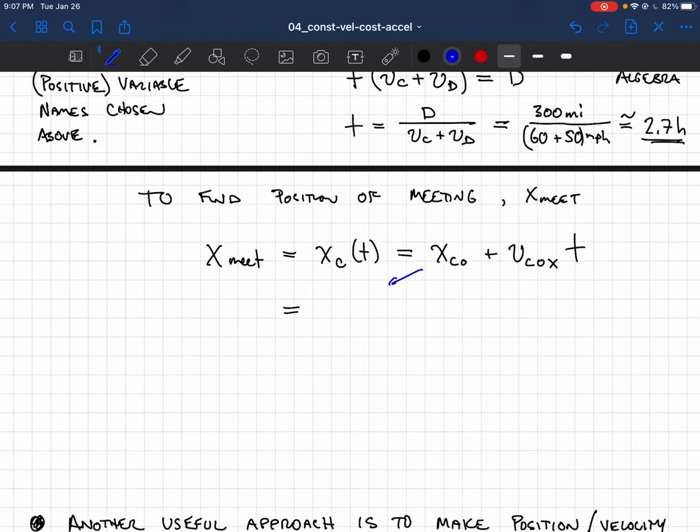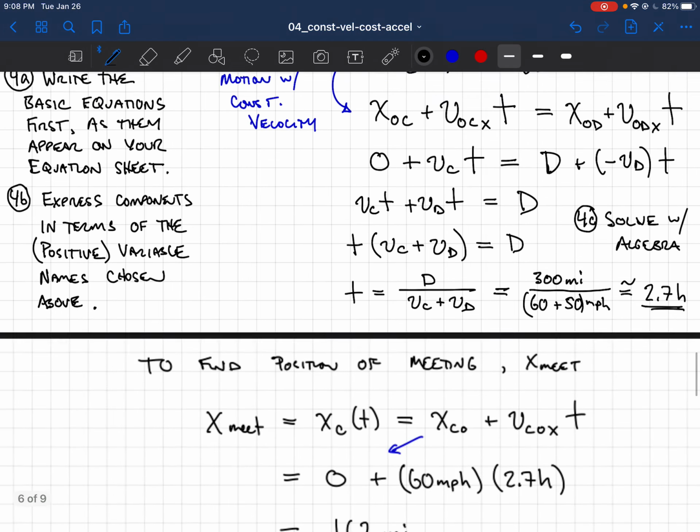Well, we know that x Chicago initial was 0, and v0 Chicago is 60. And now we have the time. So we can find the meeting place with respect to Chicago, and it turns out that that's about 162 miles.